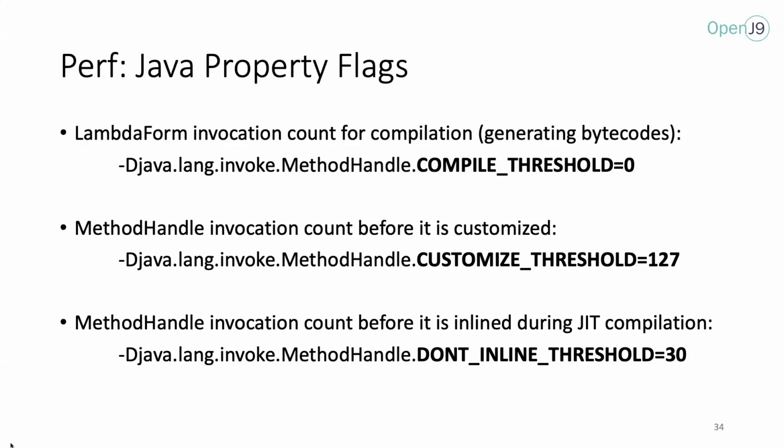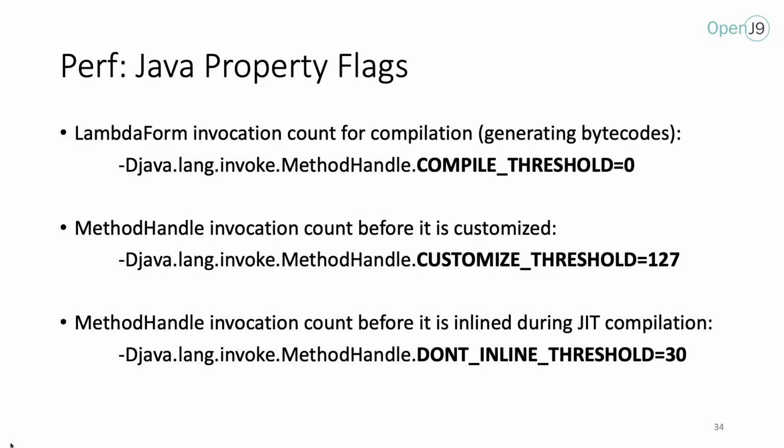The second Java property corresponds to another threshold, which is related to the method handle customization. Method handle customization refers to creating a customized Lambda form for a method handle, which means there's a one-to-one relationship between a method handle and a Lambda form. Previously, the other case is where we are sharing a Lambda form with multiple method handles.